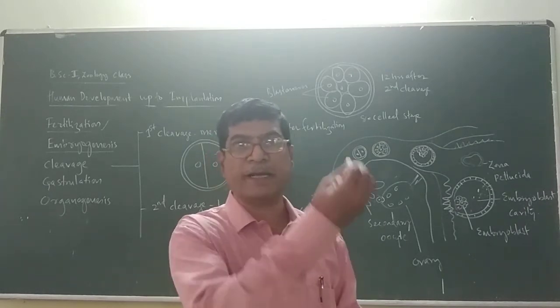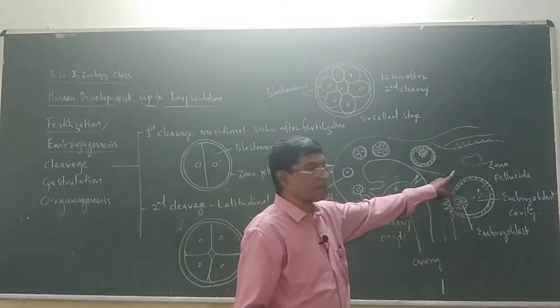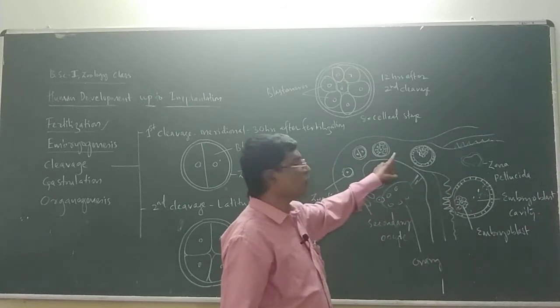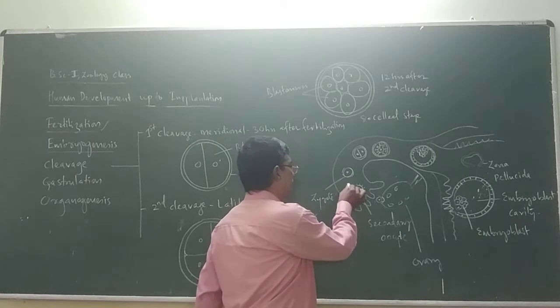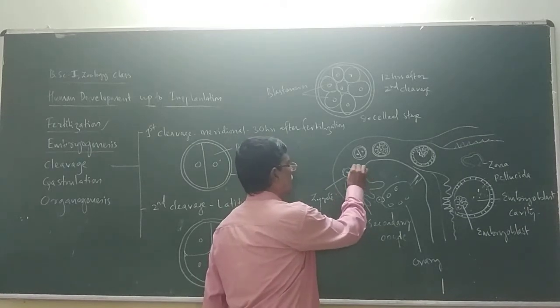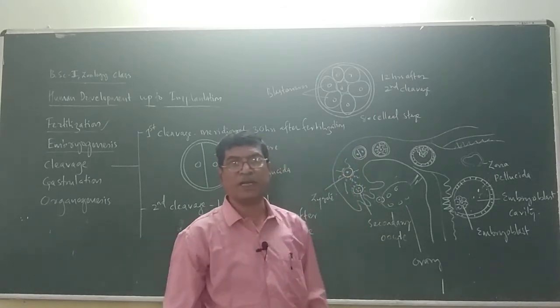From the cervix, they enter into the uterus. From the uterus, very few of the sperms enter the fallopian tube. Here, the fertilization takes place. What is happening? Fertilization: fusion of male and female gametes occurs.